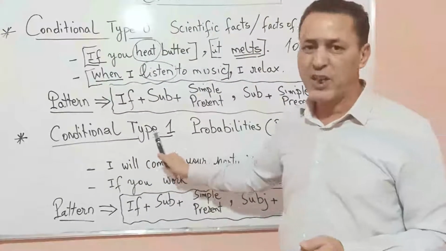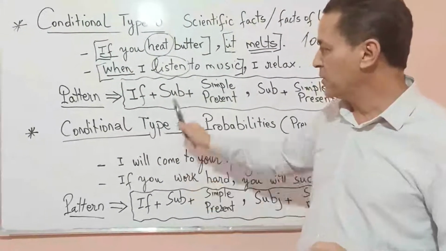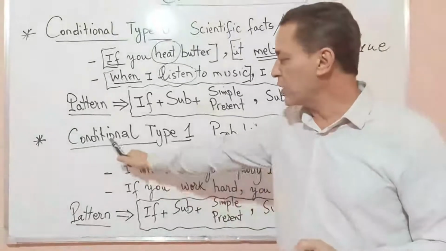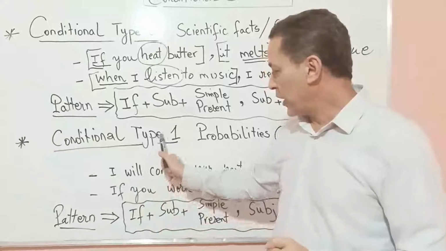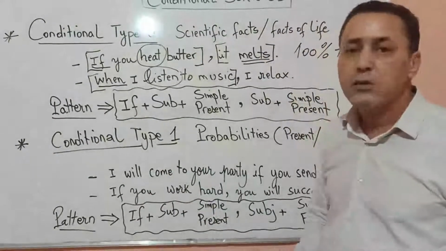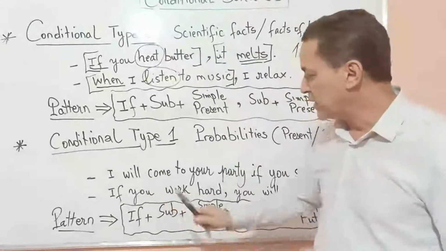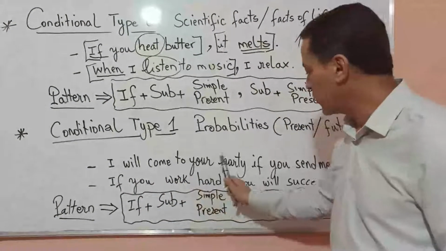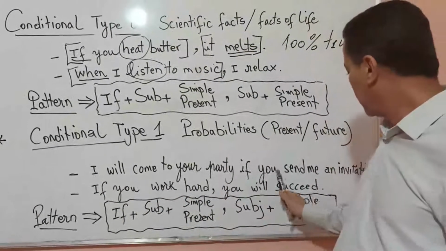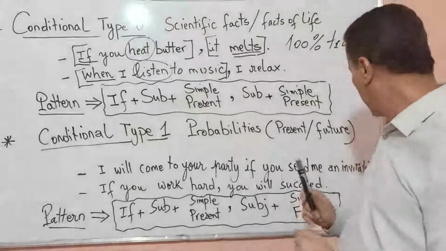Now, I want you to pay attention and see the differences between the two. In conditional type 1, okay, we can just have a close look at these two sentences and then we'll try to explain. So, I will come to your party if you send me an invitation.